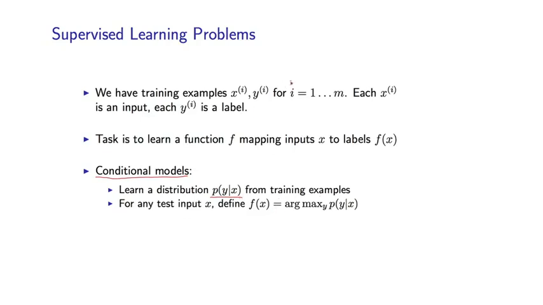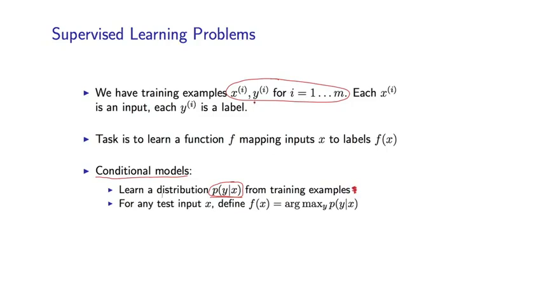So we'll have some method that takes these training examples as input and returns a distribution, p(y|x), as the output. In general, this distribution will have various parameters which are estimated from these training examples, a bit like the trigram parameters we saw in the first lectures on language modeling. Okay, so that's step one. We learn a conditional distribution p(y|x) from the training examples.